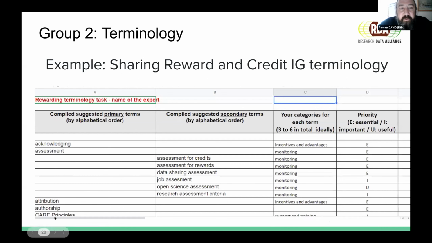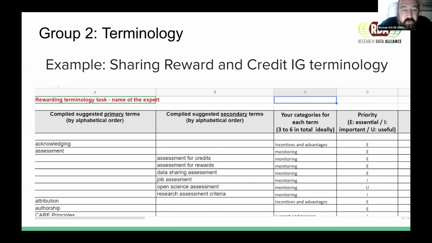At this step, for the example of the SHARC group, we have listed 150 terms. There are some that are primary terms because it's only one word or one concept. And after, when you associate them with other words, you can make them more precise.